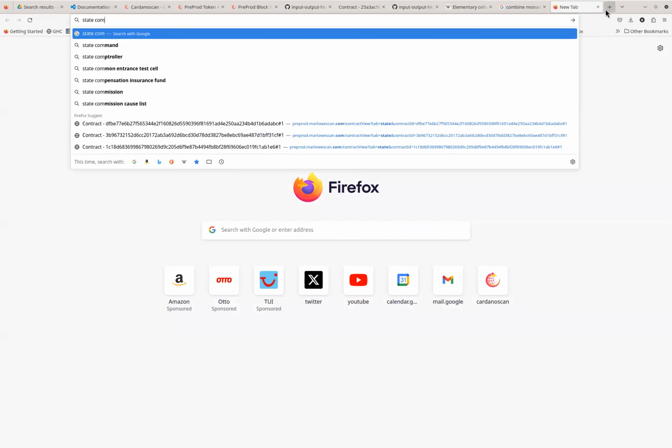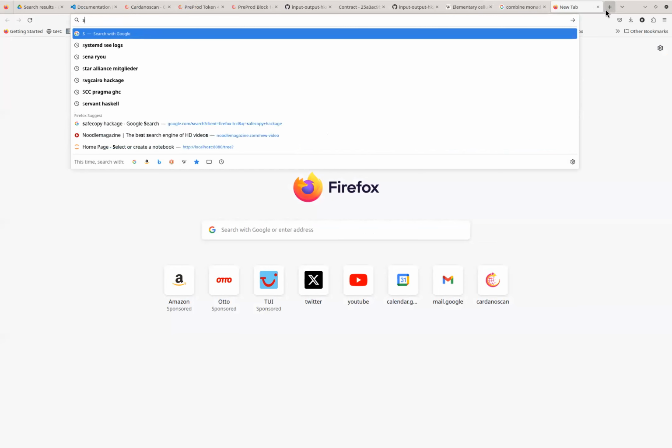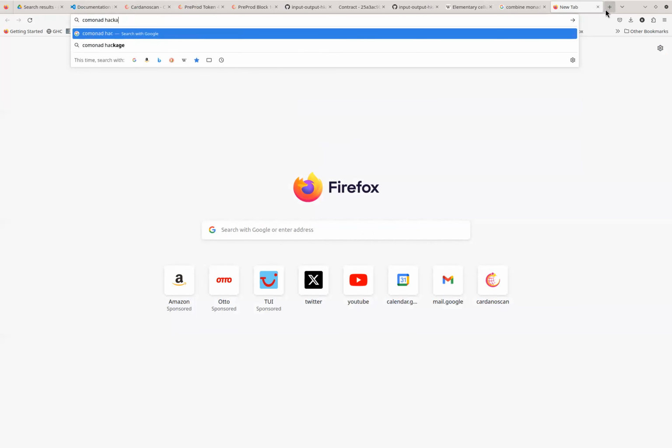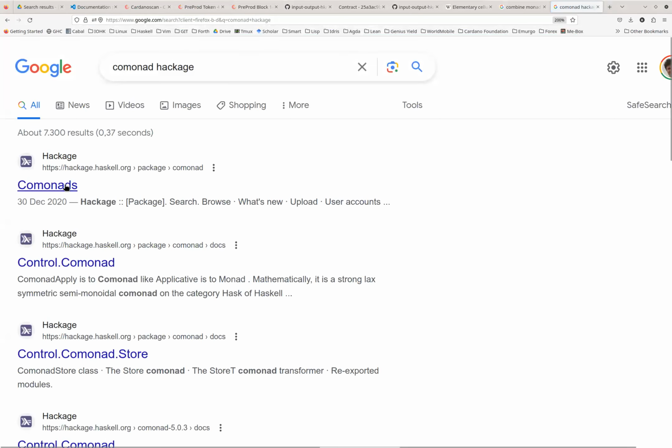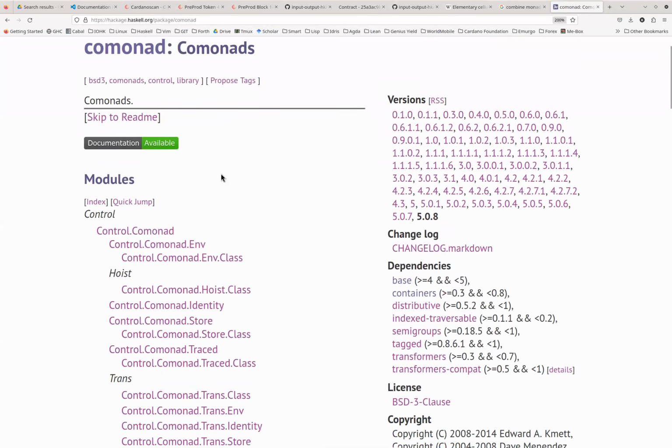Actually, of course, Edward Kmett, the one that wrote lenses, of course also has a package for comonads.